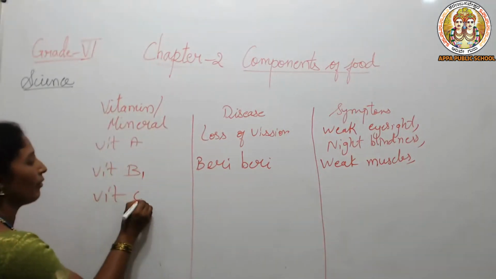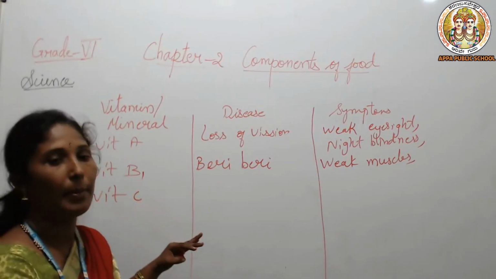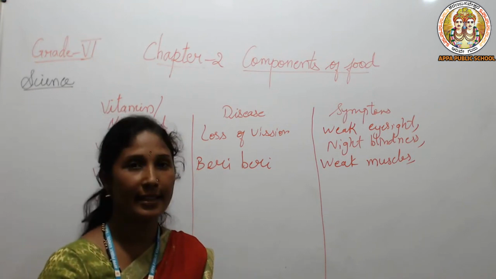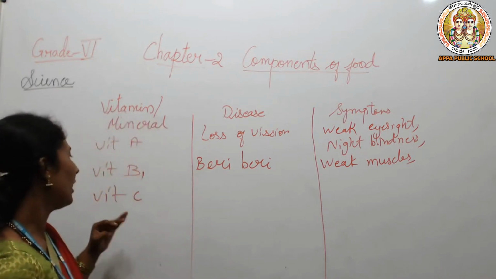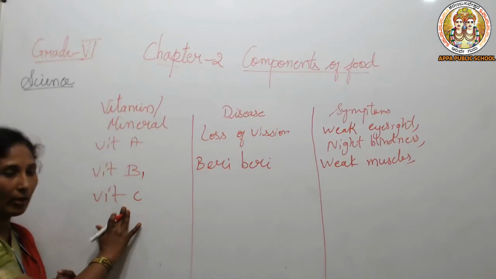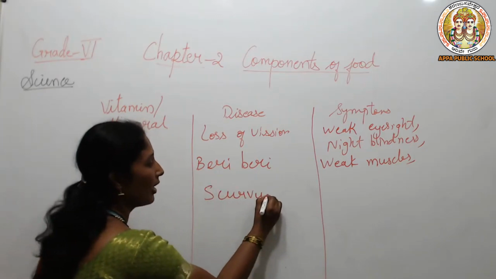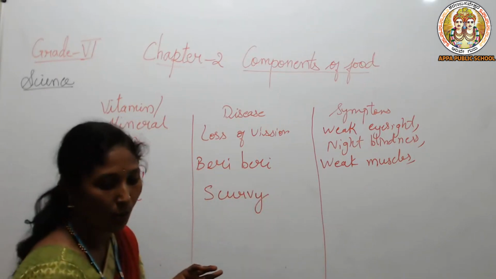Next, vitamin C. Why do we need vitamin C? Because vitamin C helps us to fight many diseases. When we are not getting sufficient vitamin C in our body, we can suffer from the disease named scurvy. In this disease, what will happen?